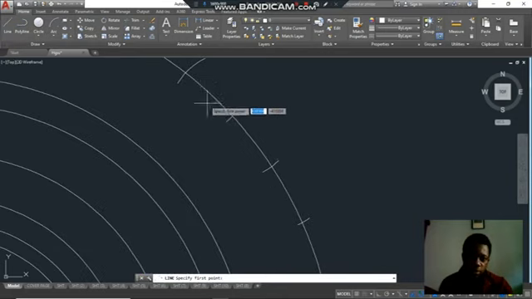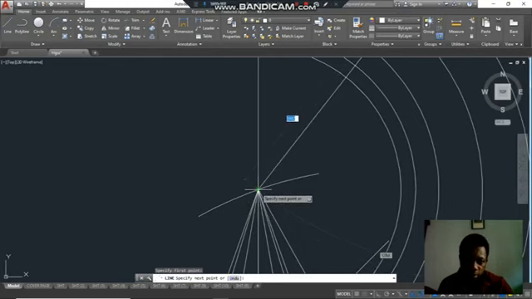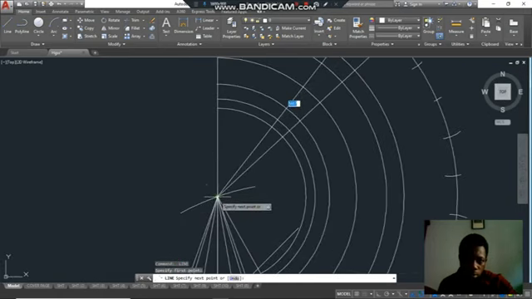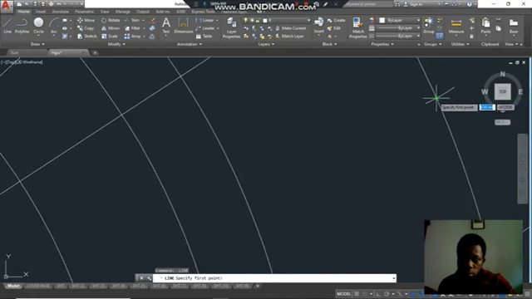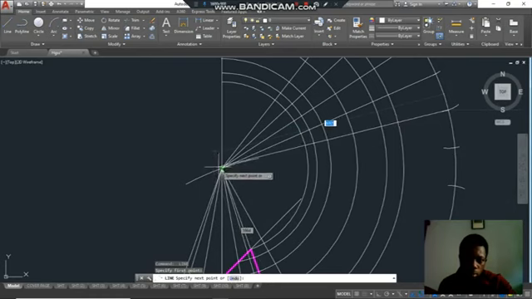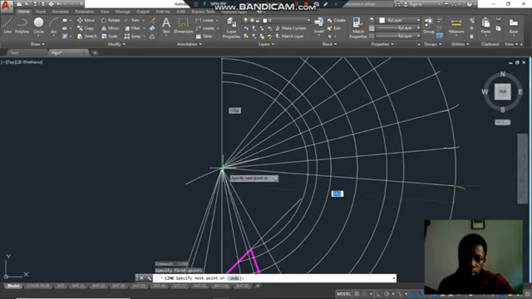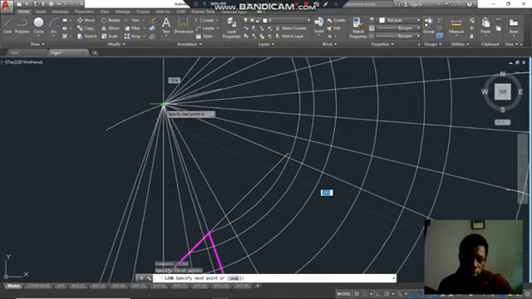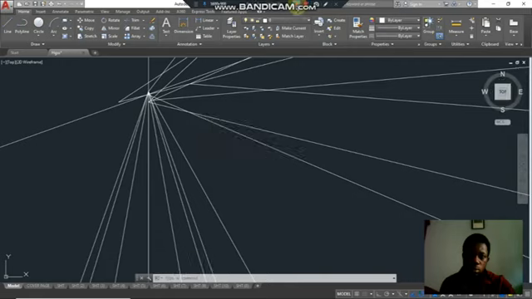And then draw a line from each of these points to the apex. Carefully draw your lines to the apex.